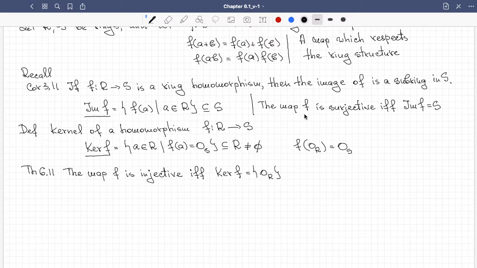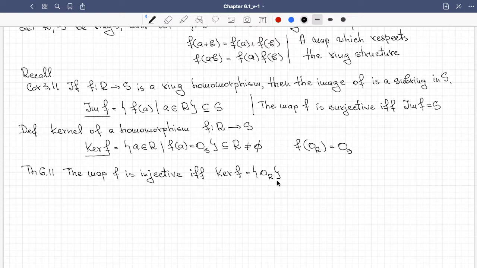It is obvious that when the image is all it can be, the map is surjective. From the definition of image, you do not need any proof of that. This is just a reformulation, an immediate consequence of the definition.